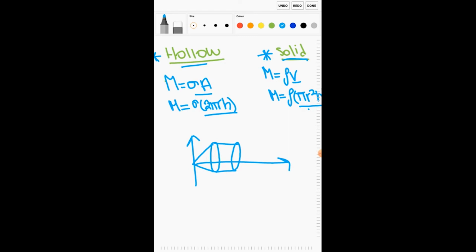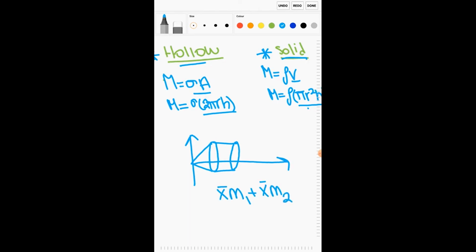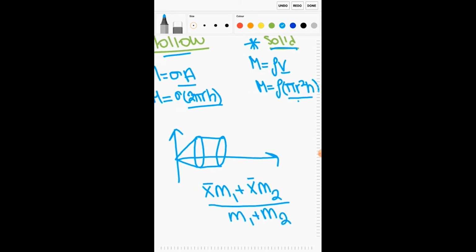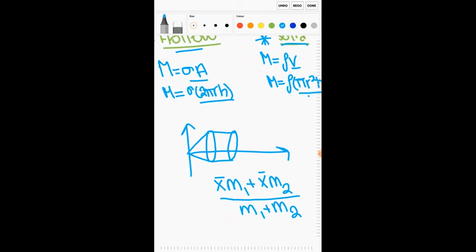I didn't draw it properly, but just imagine that it is in the middle. And they're asking you to find G. So you would do x bar 1 m1 plus x bar 2 m2 over m1 plus m2, right? And that's the formula for finding it.